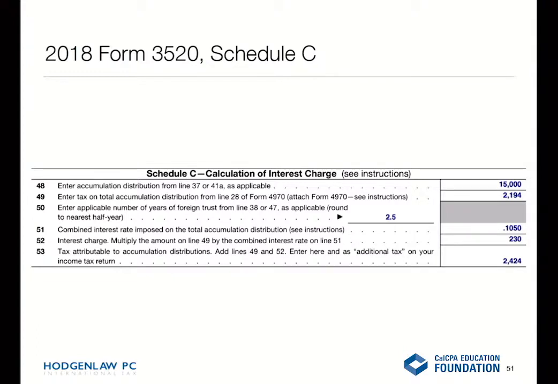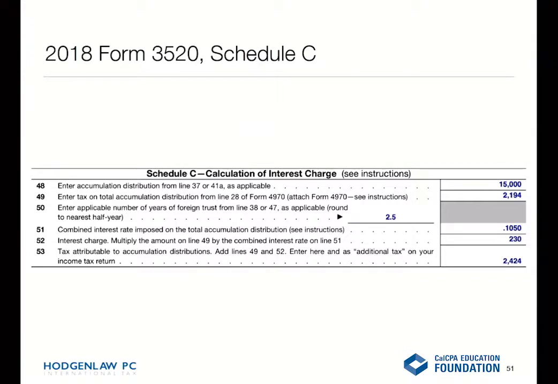So you notice that on 3520 Part 3, we're filling out Schedule A, skipping Schedule B because that's the actual method, and then using Schedule C because we had a positive number from 4970, so we need to calculate the interest charge. So we have the accumulation distribution, 15,000. Total tax is 2,194. Then we take that 2.5. I told you we'd use that number later. That's half of the years it's been a trust.